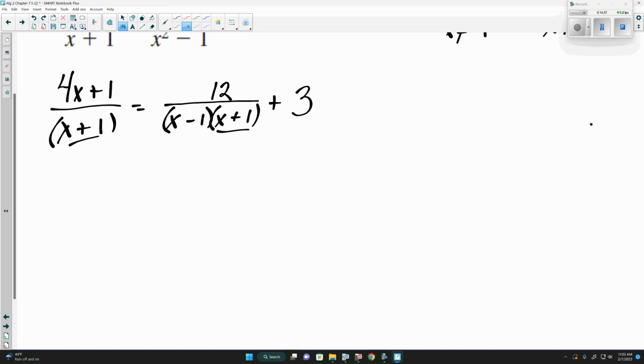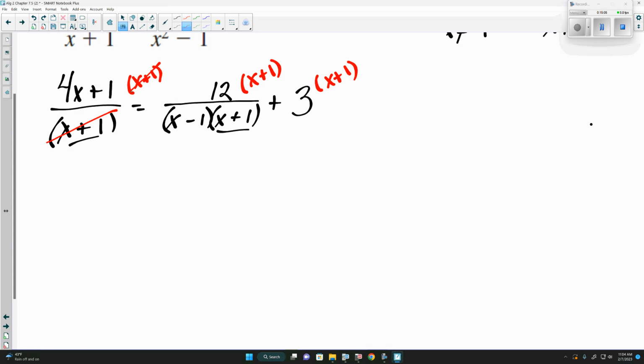So one thing we know we'll need to multiply through by is x plus 1. I'm going to rewrite that. We're going to need to multiply all three by x plus 1, because in the first rational expression, the x plus 1 and x plus 1 would cancel.